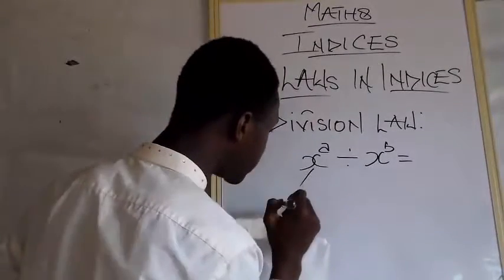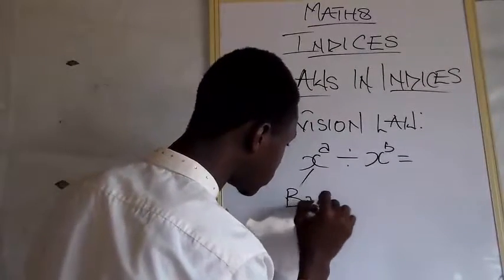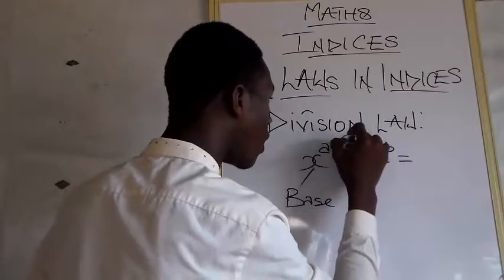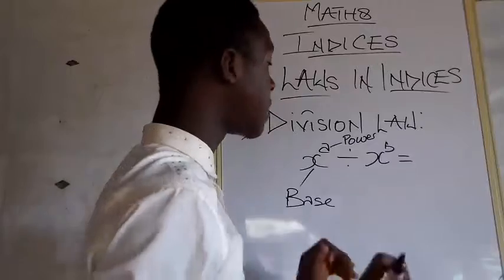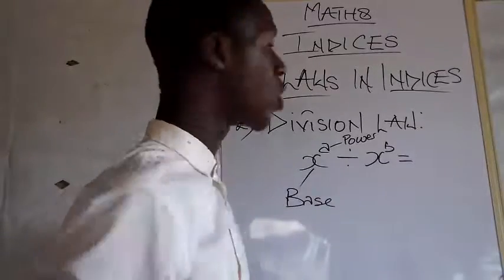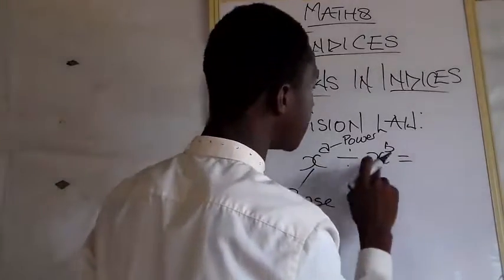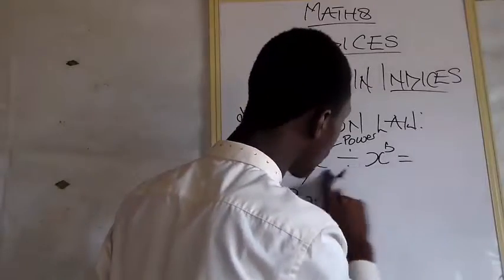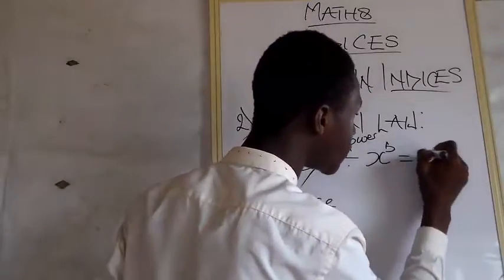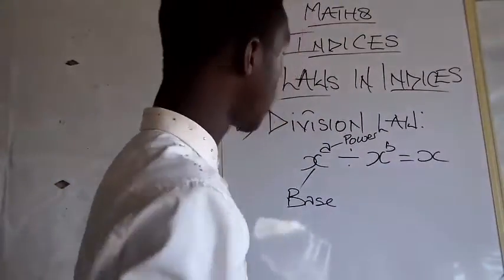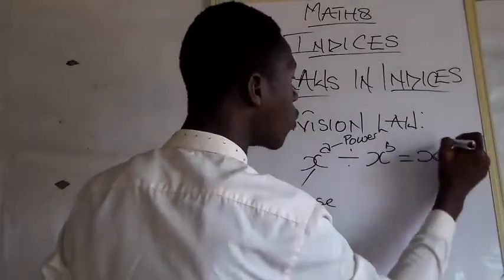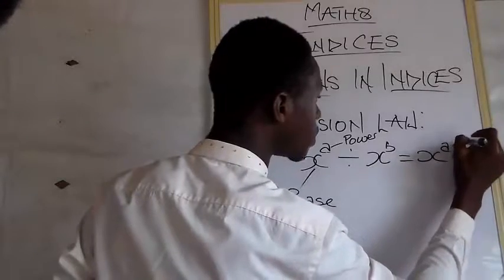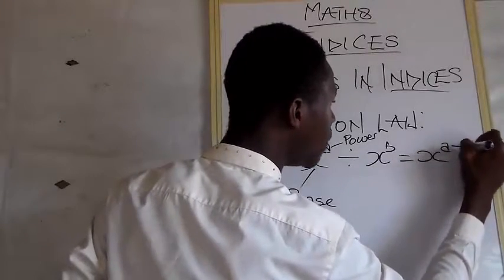Now remember, this is our base and this is your power. Similar to the multiplication law, you choose one of the base, that will be x, and subtract the power. Subtracting the power will be a minus b.